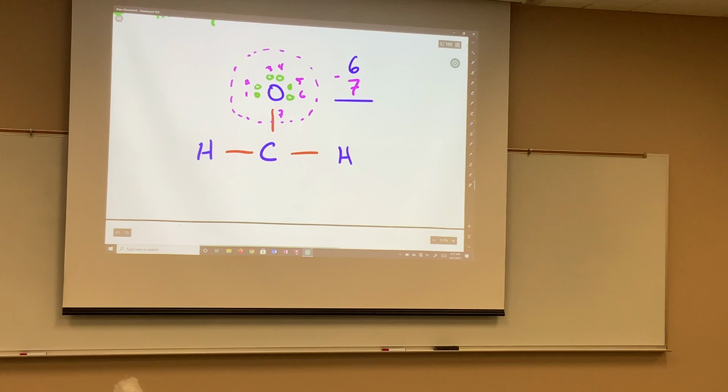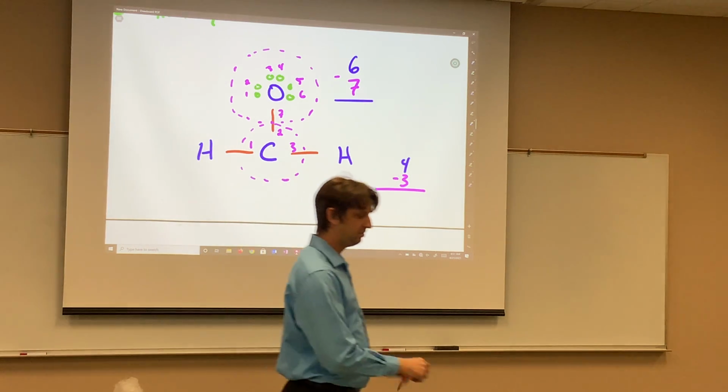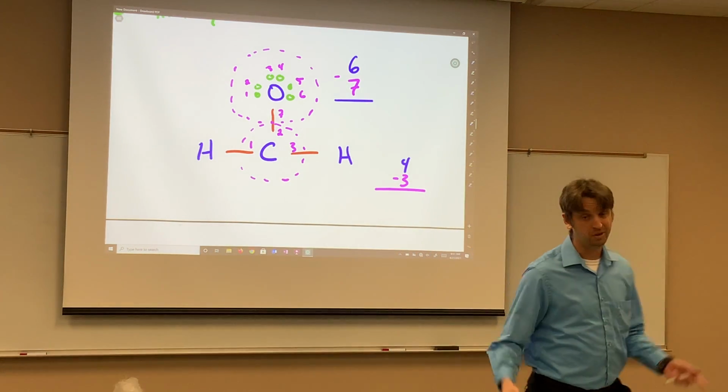We could repeat this for everything. There's my carbon, I count 1, 2, 3 from the bonds. Science circle, valence electrons minus. So carbon would have a +1. That's all there is to it.